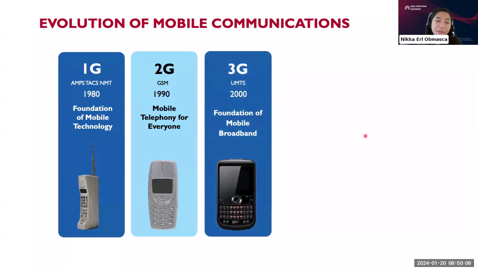Then there came the third generation of mobile communication. This was introduced in the 2000s using UMTS technology, the Universal Mobile Telecommunication System. 3G brought us faster data speeds, enabling more advanced services like mobile internet, video calls, and multimedia messages, and really supported better voice quality and allowed simultaneous voice and data services.